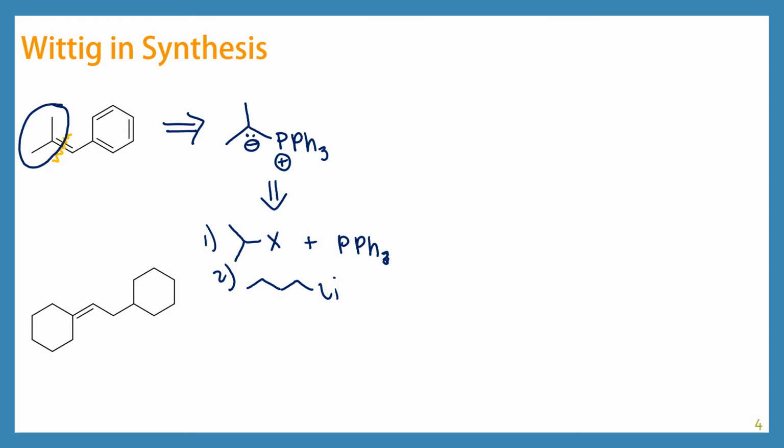And then you would also need to react with a carbonyl compound, so that's going to be the other half here. So we need our benzene ring, and then we want a carbonyl where the double bond is in our product. And we know this has to be an aldehyde because there is a hydrogen here.